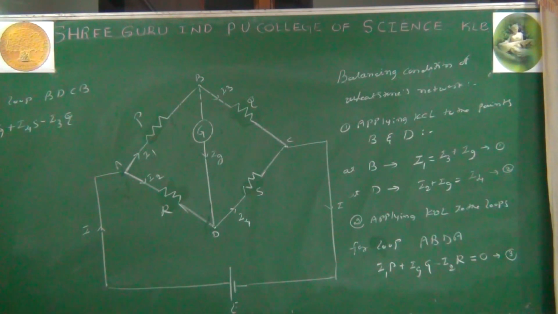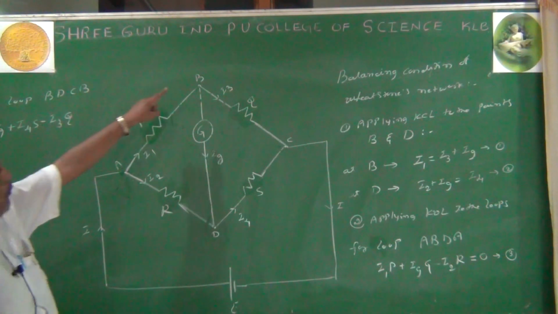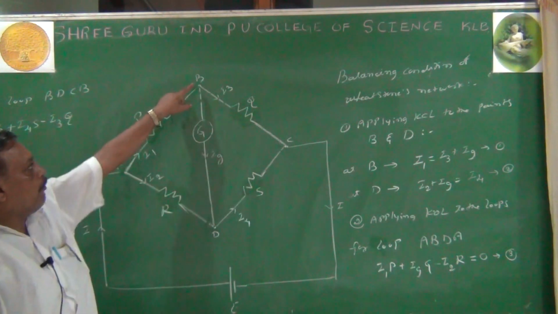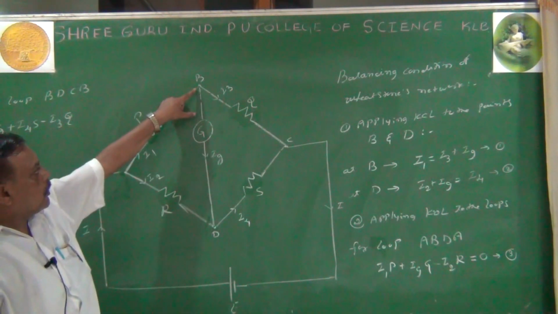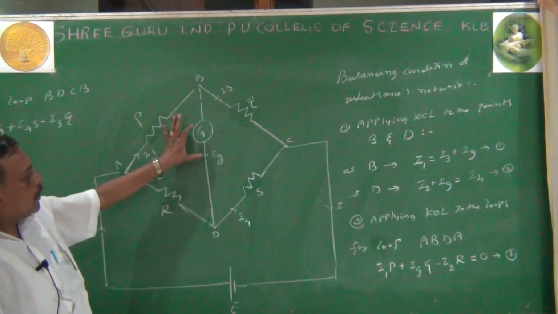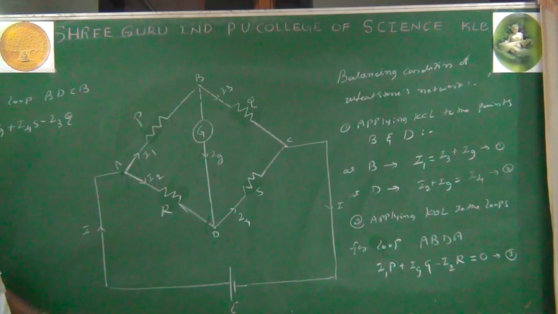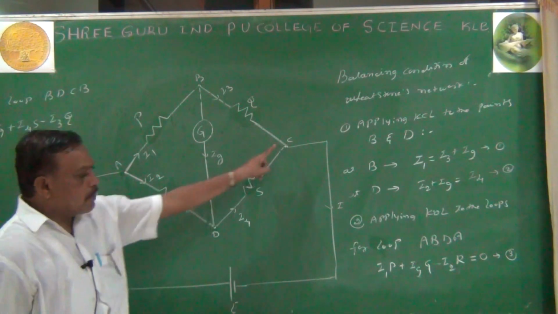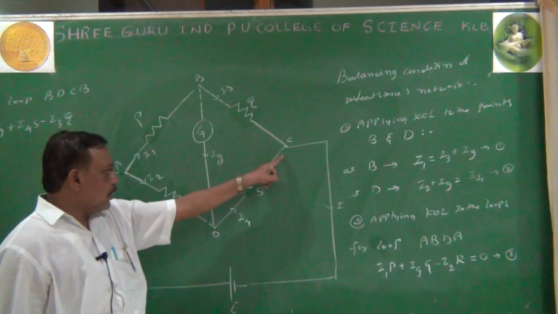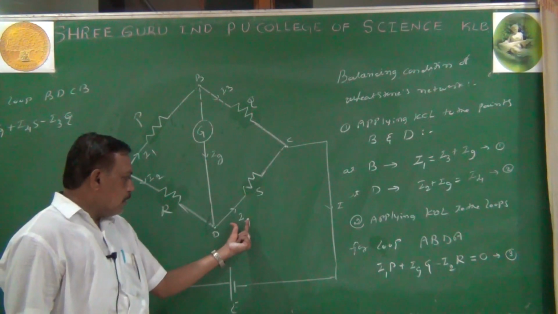So let me say once again. For the loop BDCB, B to D: this is the direction of my traverse. The current is also along with me. Hence, the IR product is taken as positive. And I go for D to C. I am tracing D to C. The current is also along with my path.